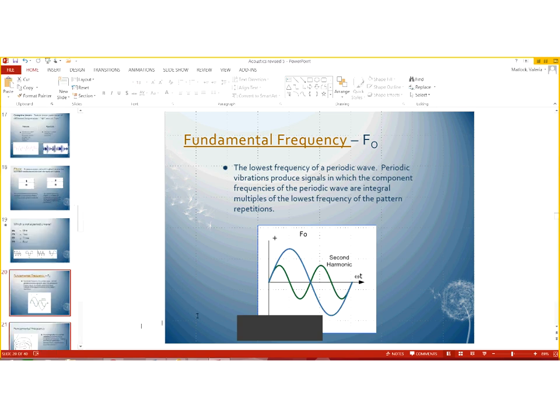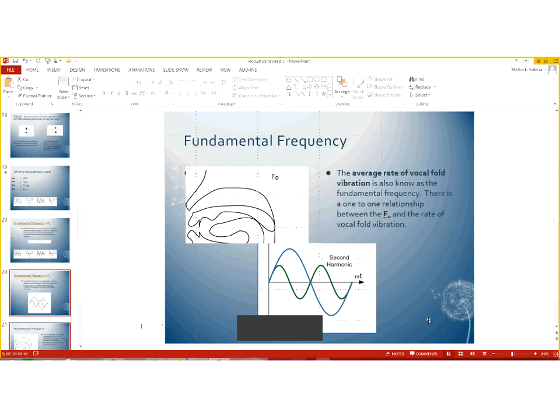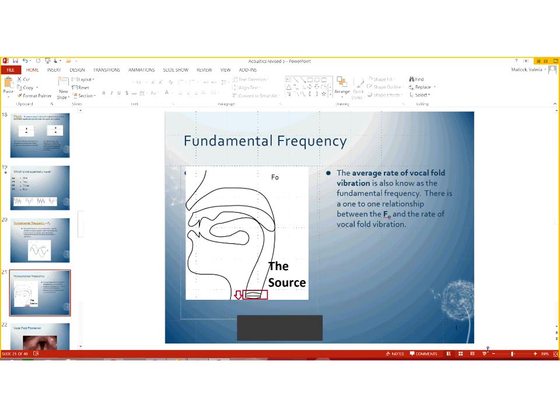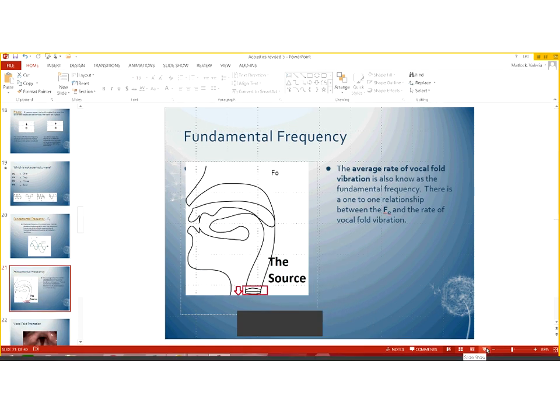Okay. Now, there are some individuals whose fundamental frequency may be abnormally high or abnormally low because of a disease process, right? So let's say that you're a professional singer and your vocal folds are constantly hitting each other. They can become swollen, and therefore they would have more mass.